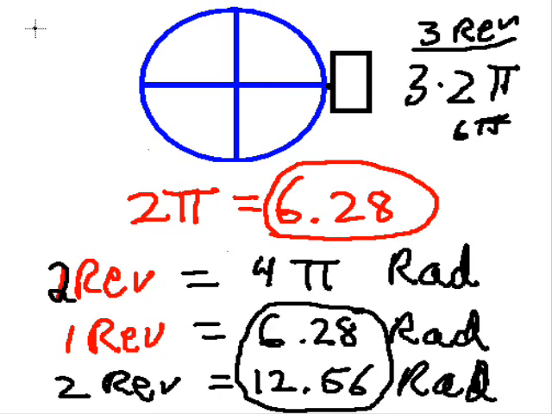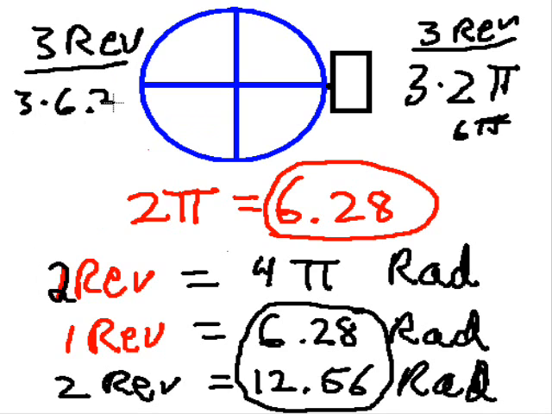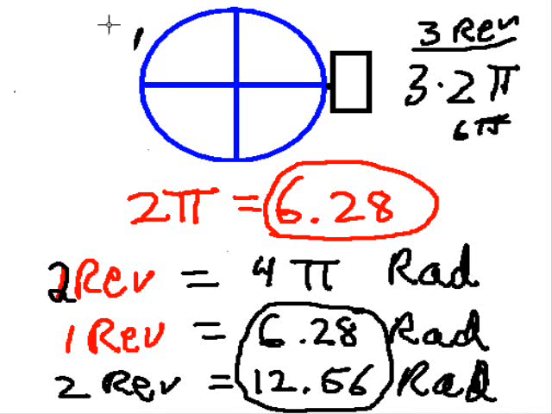The other way, it's terrible. 3 revolutions, that's 3 times 6.28. Oh, yucky poo. I don't want to do that. That's 18, and then 3 times 0.28. No way, Jose. Stick with pi. I really like pi.